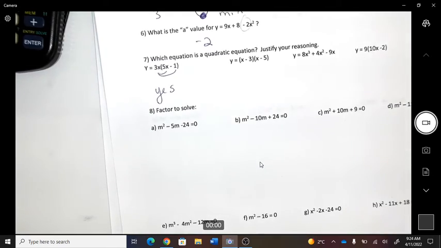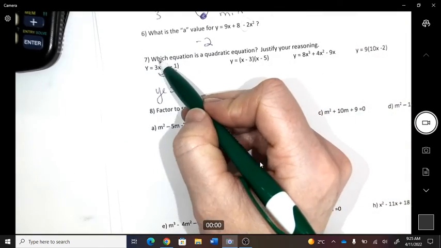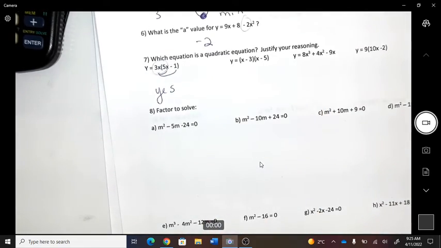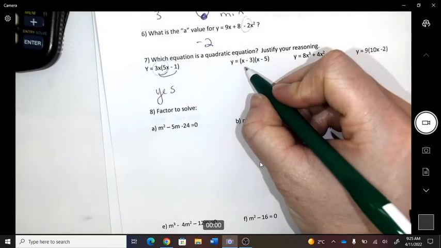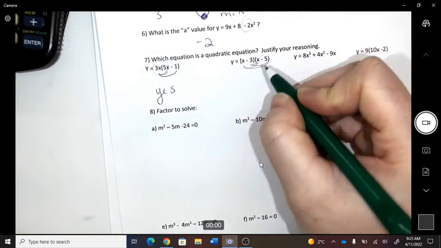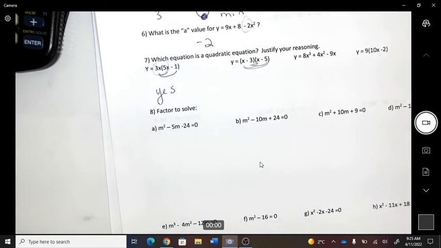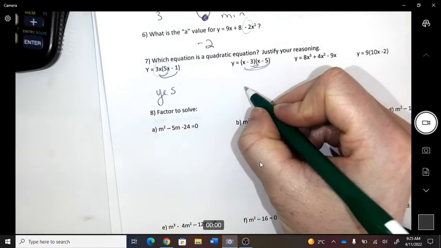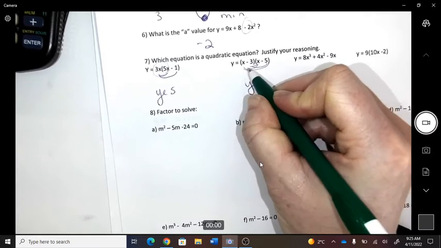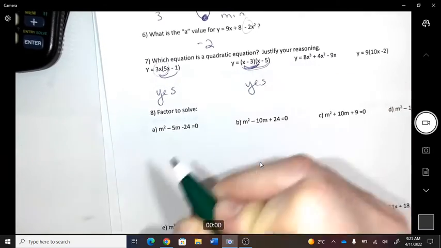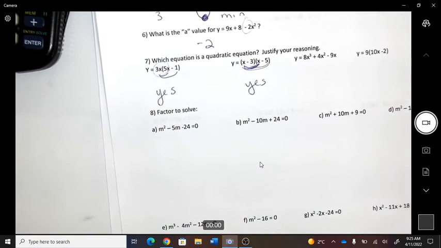Yes, because that times that will give me an x squared. Okay, if you are multiplying that out, do you think that would make an x squared equation? Yes, yes it will. There's an x times an x, that will make an x squared.